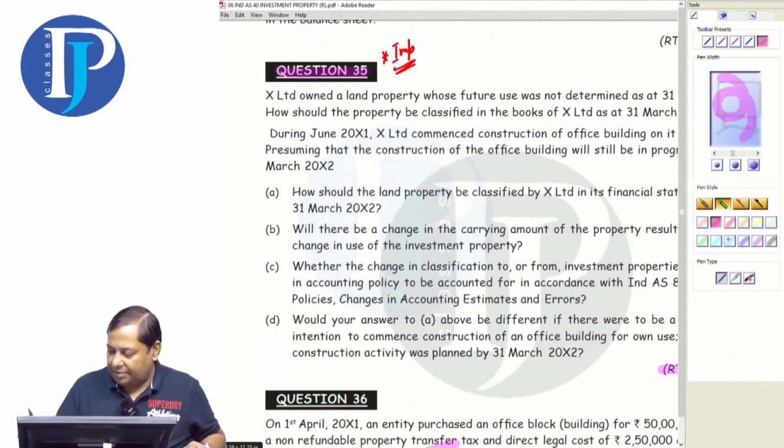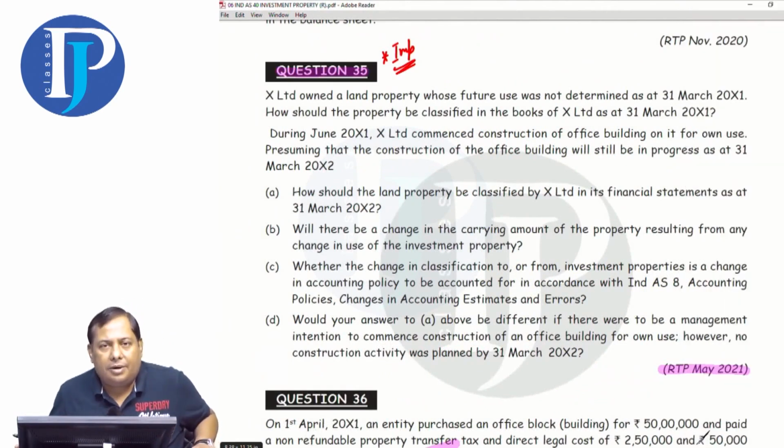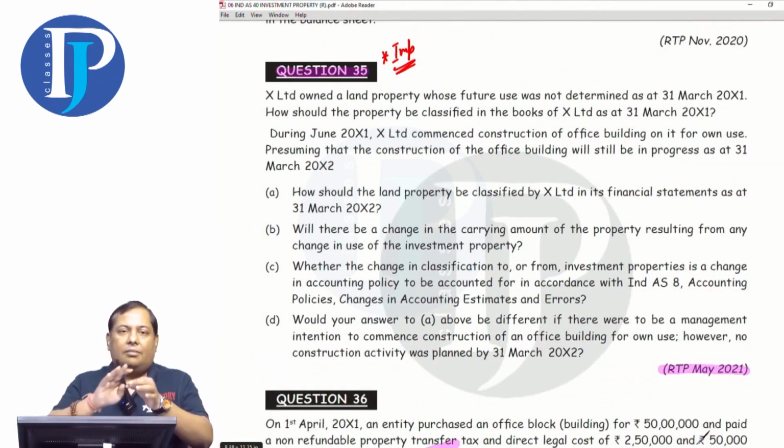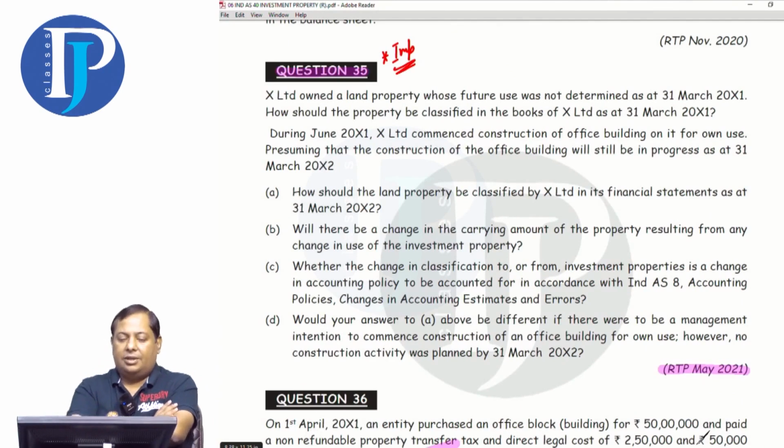Let's see question number 35. You should read the question once. I have put down my pen. It's worth checking out the question even if it's only worth 5 marks. In CA final, every single mark is very important. Every mark counts. Earlier there were 4 plus 4 sets, a total of 8 subjects.